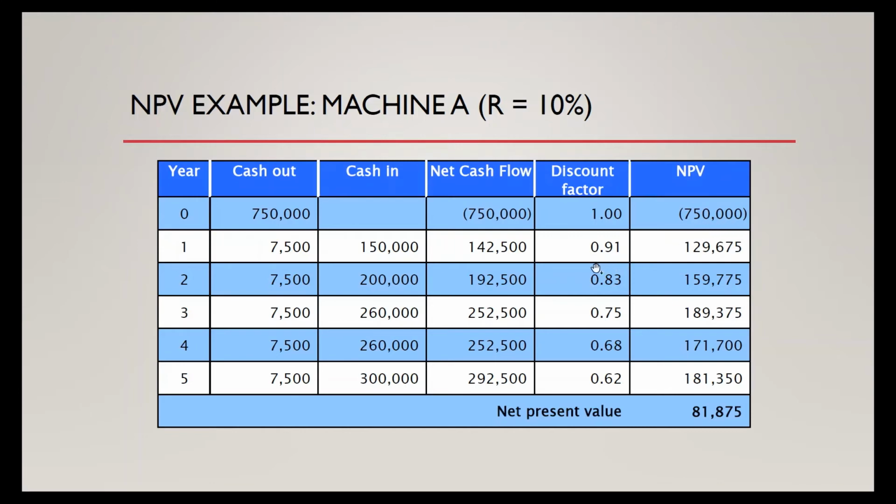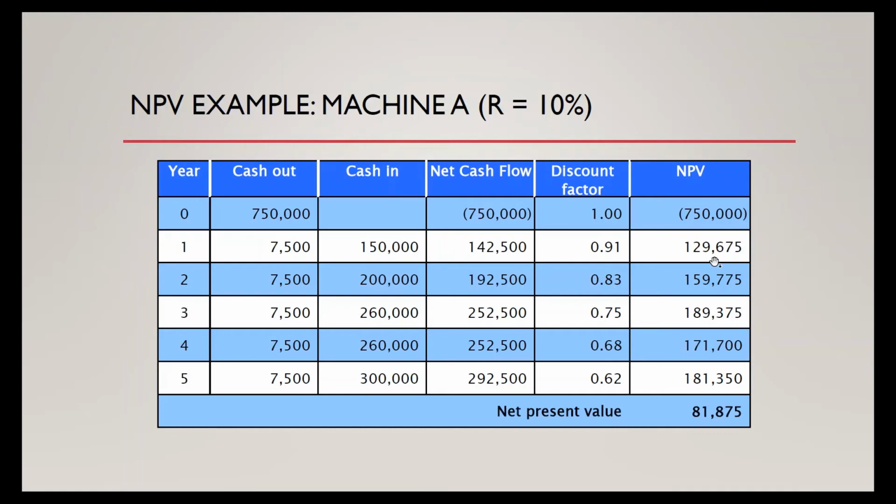So even though in the year 1 we will get 142.5 thousand after deducting the marketing advertisement expenses, however, if we put in the discount factor of 0.91, the 142.5 times 0.91, your answer will get 129.675 thousand.